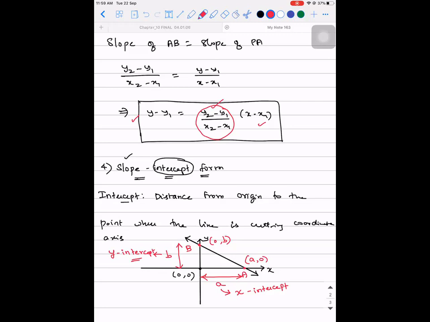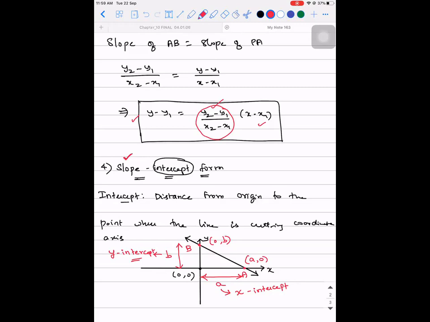So in this, what will be given to us? The name is suggesting slope-intercept form. What will be given to us? The position of the point on the x or y axis. Not both. Both will not be given simultaneously. Only either one of them. Either they will give you the x-intercept or the y-intercept.